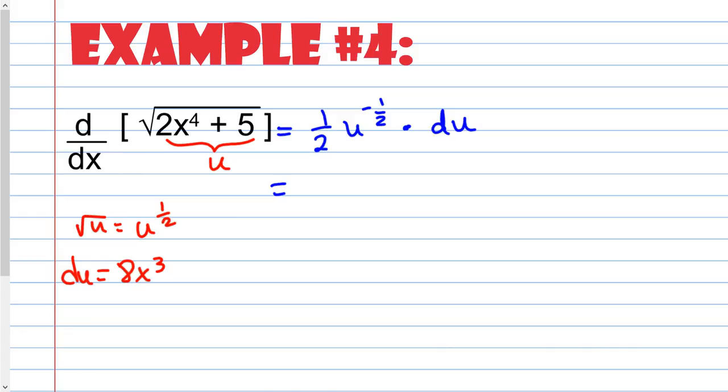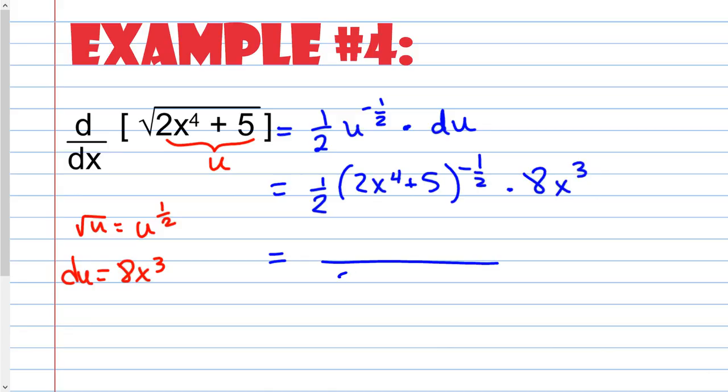U doesn't really exist, so let me plug in what u is supposed to be. So 1/2 times 2x to the 4th plus 5 to the negative 1/2 power times 8x cubed. And then just rewrite. For example, the negative 1/2 power means it's a square root, but as a denominator now. So 2 and the square root of 2x to the 4th plus 5, and then the 8x cubed on top.